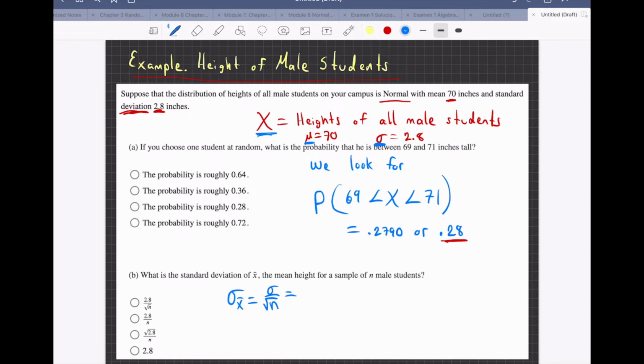Sigma in this case is equal to 2.8. So it's going to be 2.8 divided by the square root of n.